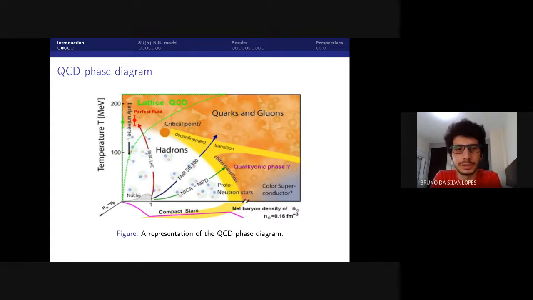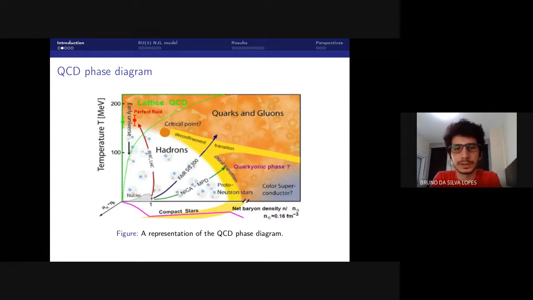So to talk a bit about QCD, we can study the QCD phase diagram. Here we have the temperature in the vertical axis, the baryon density in the horizontal axis, and the third axis with the difference in the number of neutrons and protons. So at low energies, such as low temperature and low baryon density, QCD presents a property called confinement.